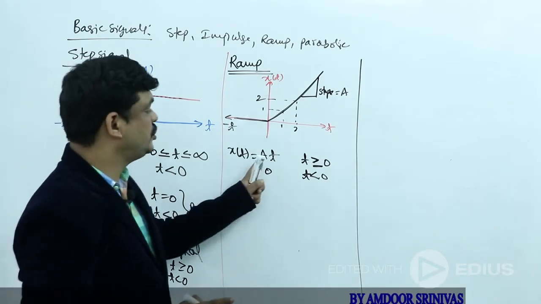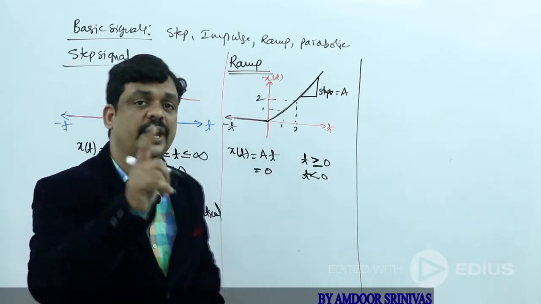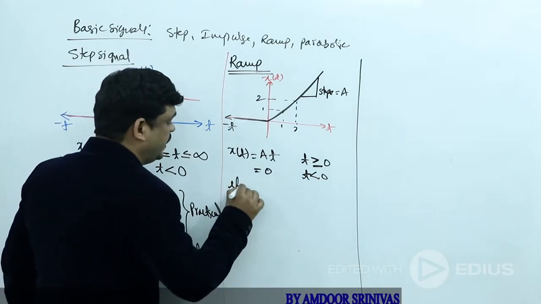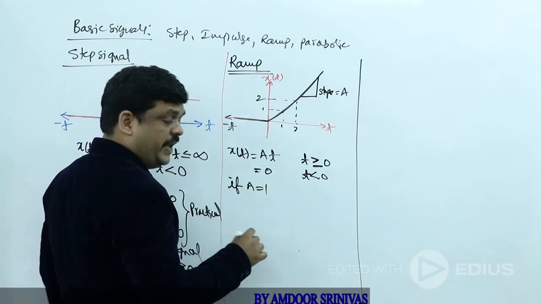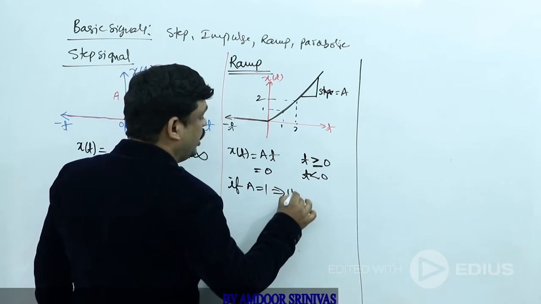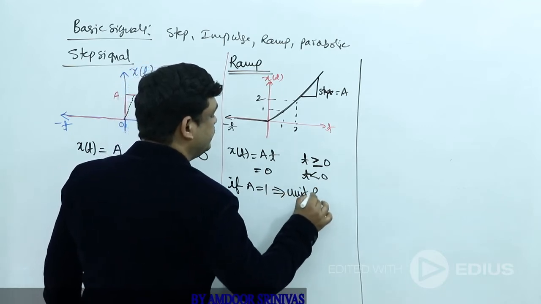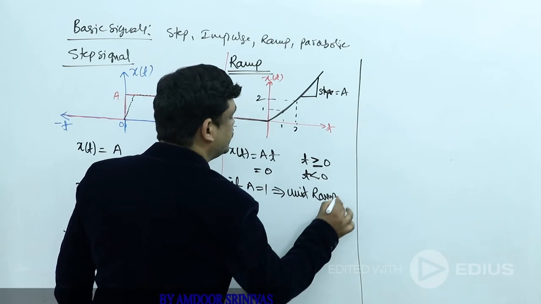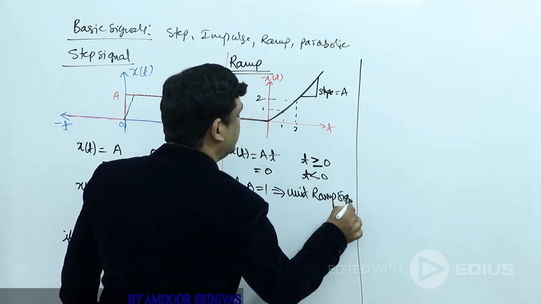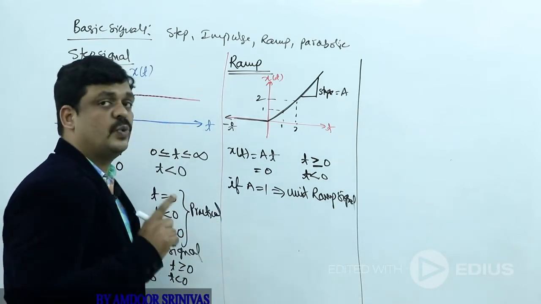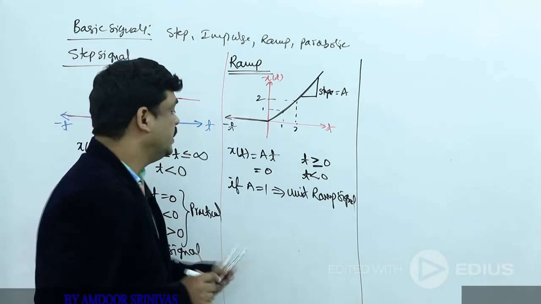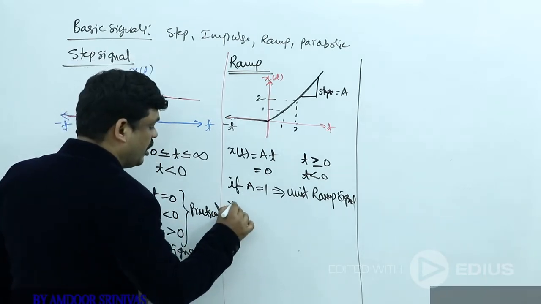Similarly, here if the slope of the signal is 1, that means if a is 1, then it is called a unit ramp signal. Then the function becomes r of t.